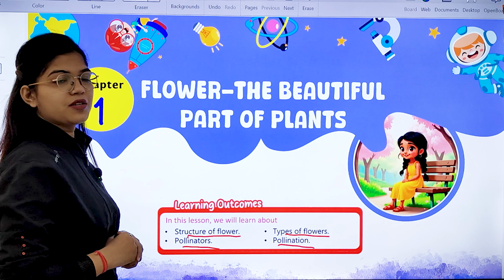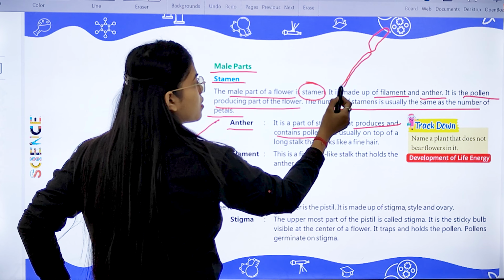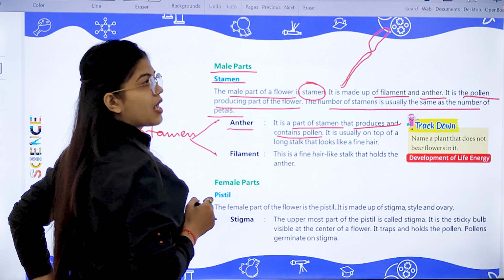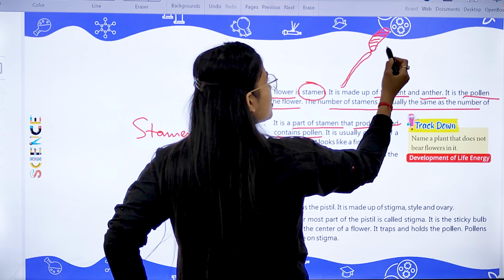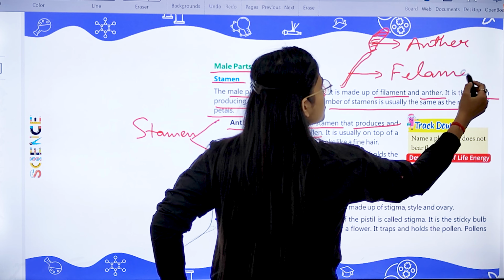So, first of all, anther, what is it? It is a part of stamen that produces and contains pollen. Like this, our stamen looks like. So, this part is known as what? Anther. And this tube part is known as filament.